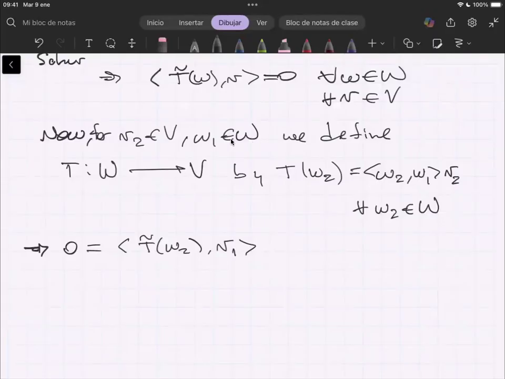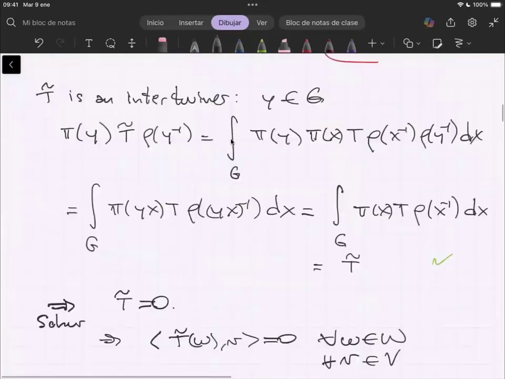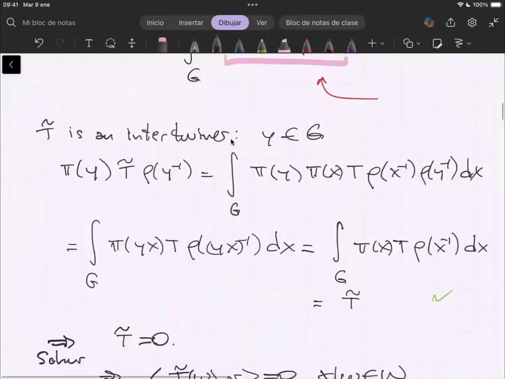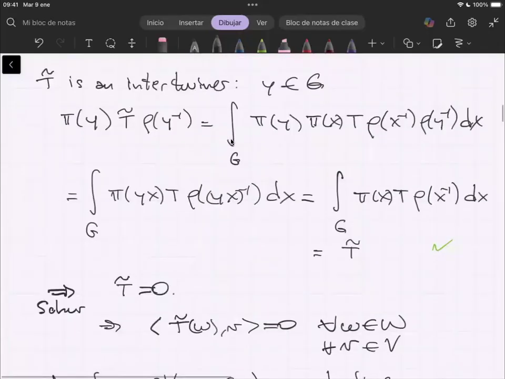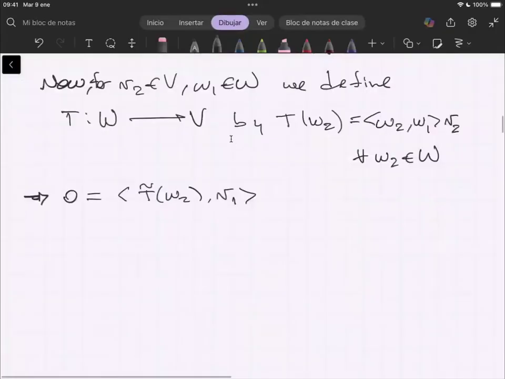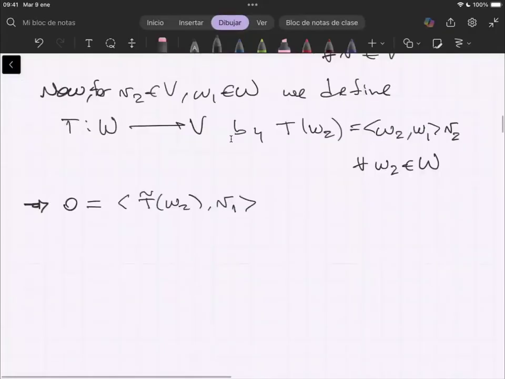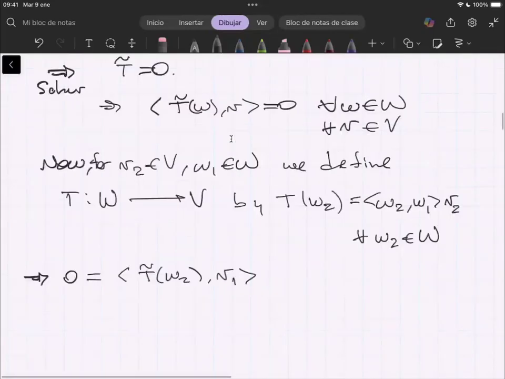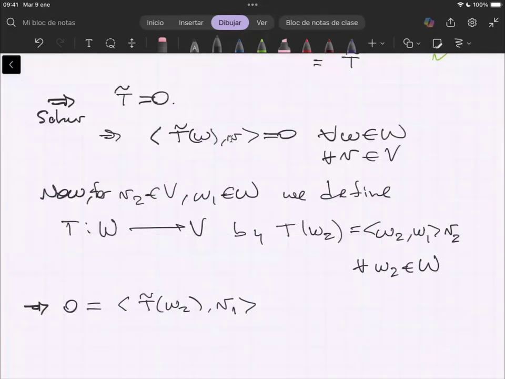So I proved that you take any linear map and you can do the average, and then you get an intertwiner, for any linear map. So I fix now a linear map given by this inner product. T tilde is the average of T. You give me any map T and then I produce T tilde. Okay.